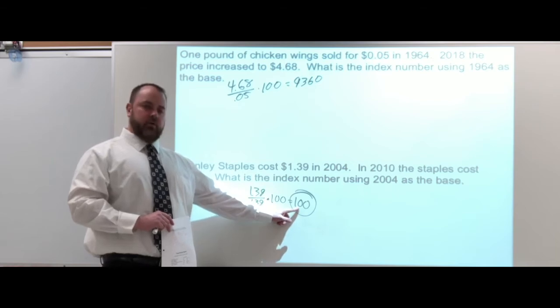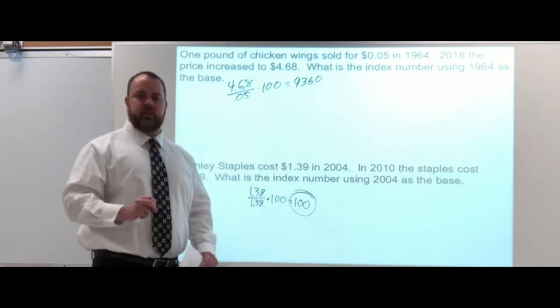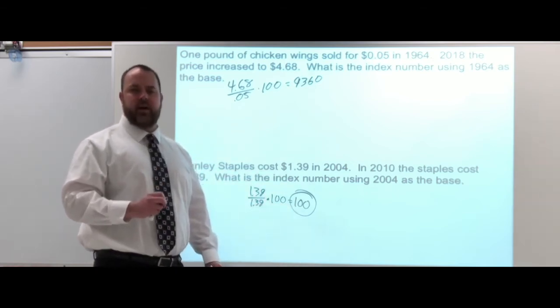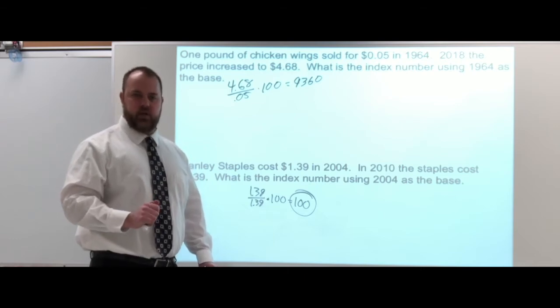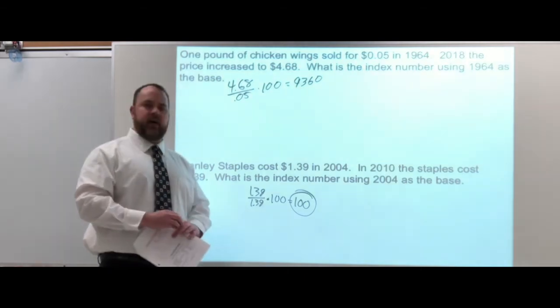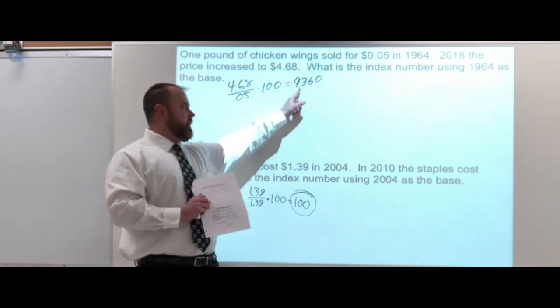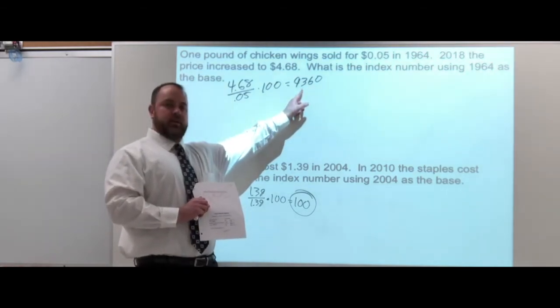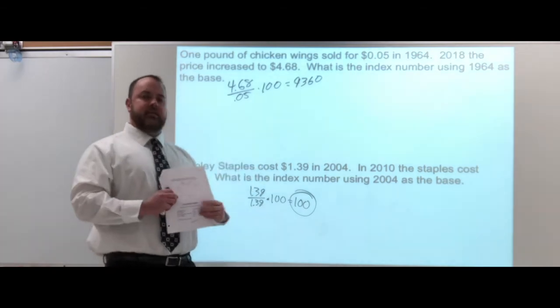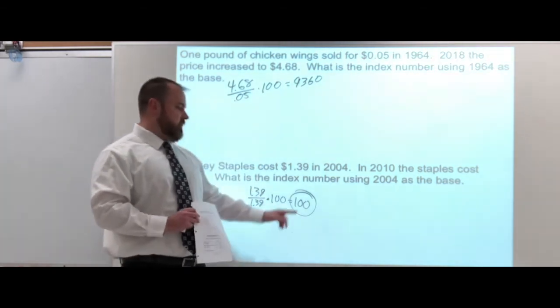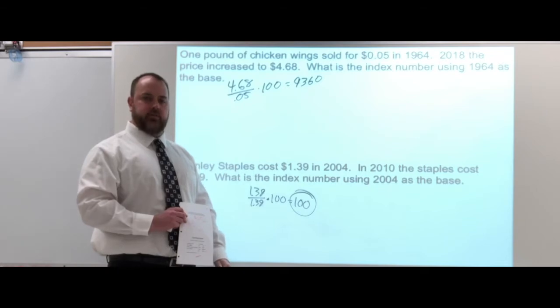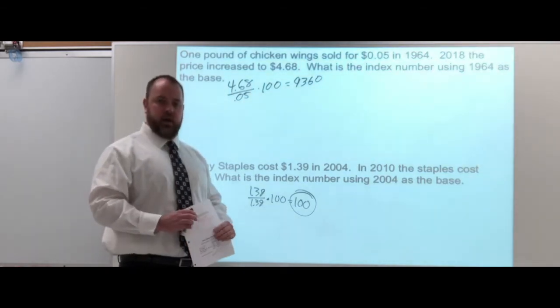If it's below 100, the difference is going to be the amount decreased in percentage. So think about that when you're looking at your index number. Those chicken wings, 9,360, think of that value as how much it's increasing. If you see how far away it is from 100, chicken wings increased a great amount.